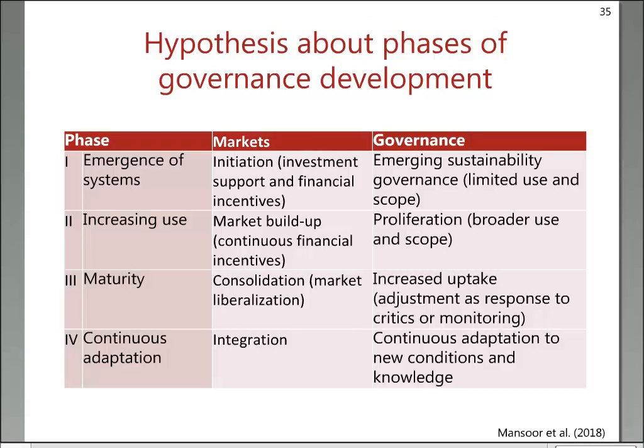It's only used to a limited extent, and also the scope might be limited typically. That leads to a phase of increasing use where the market builds up and where you might still have financial incentives in place, and you have more systems. More systems are put in place to deal with the sustainability. And also they achieve a broader use.